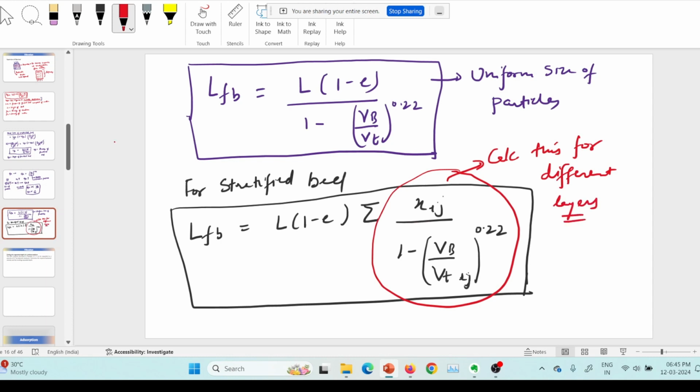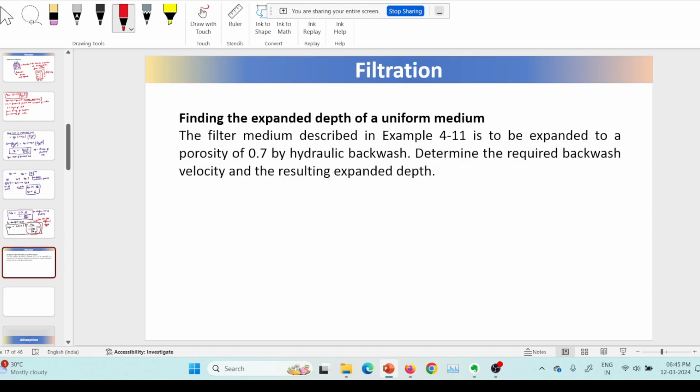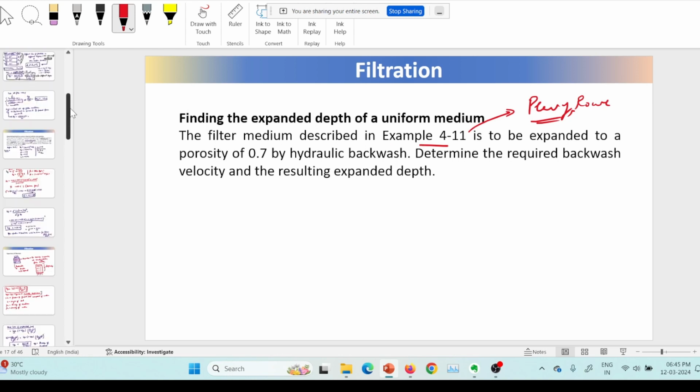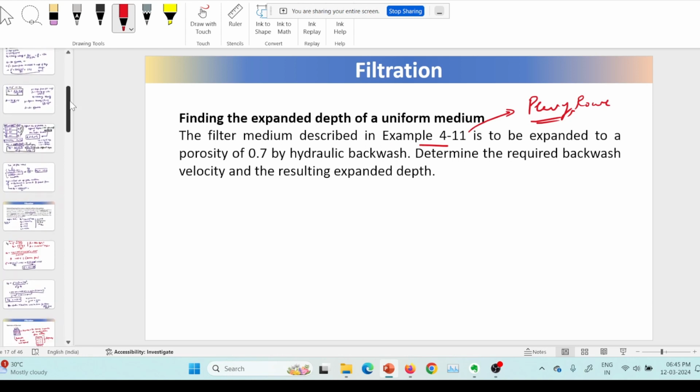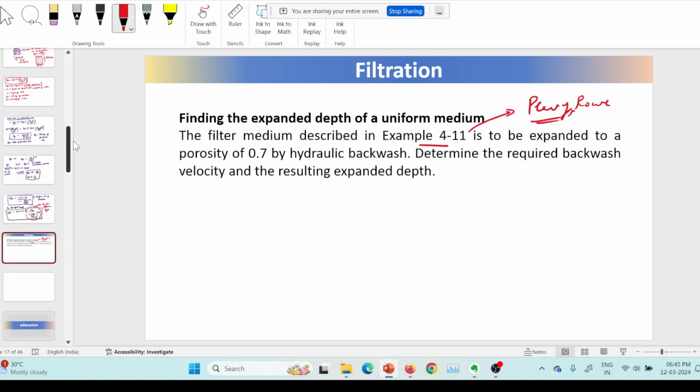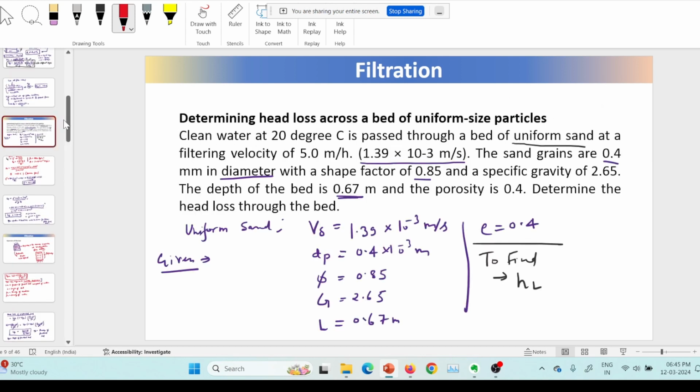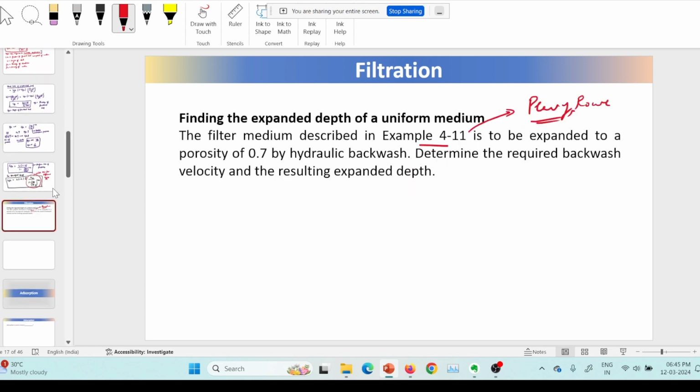Okay, so now we'll solve one question. This is the example which we solved previously, taken from the PV notebook. The filter medium described in example 4.11 is to be expanded to a porosity of 0.7.